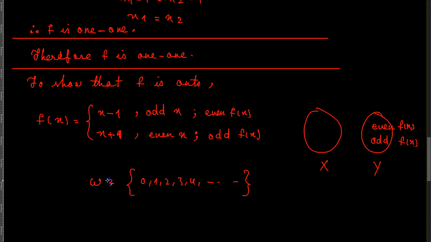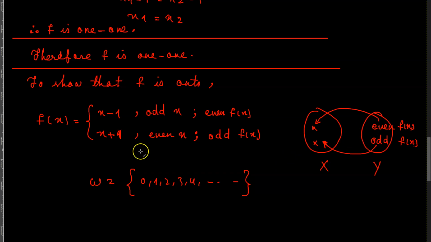That's a collection of some even numbers, some odd numbers, and all of these are output here by f of x. So you need to show that every even f of x is the image of some element here, and every odd f of x is the image of some element here.